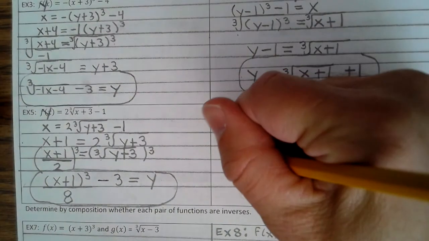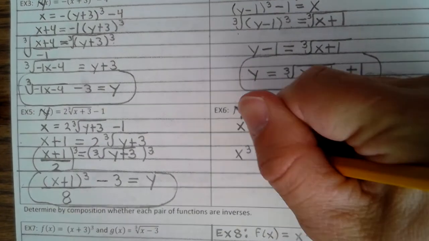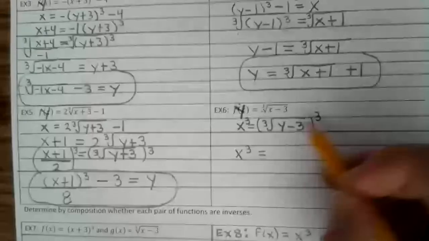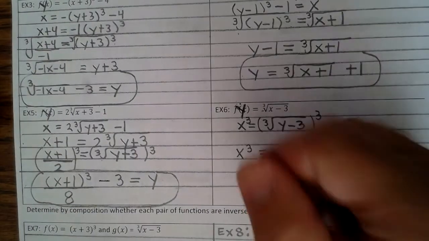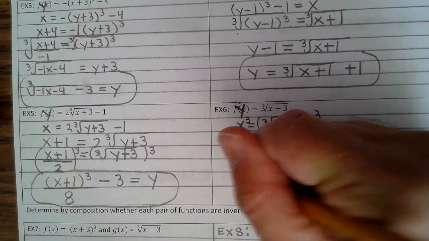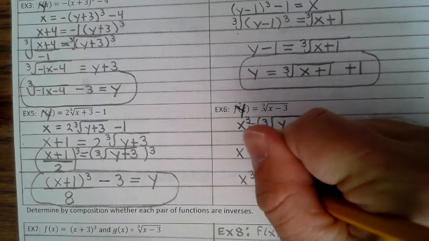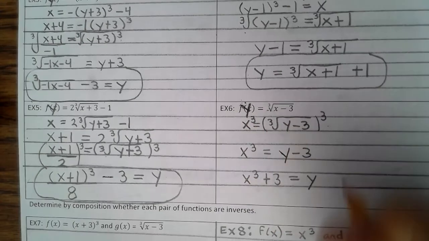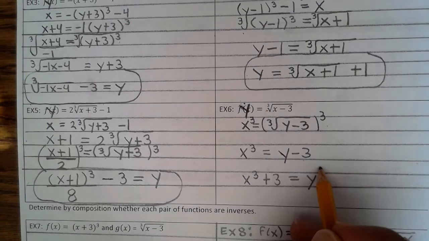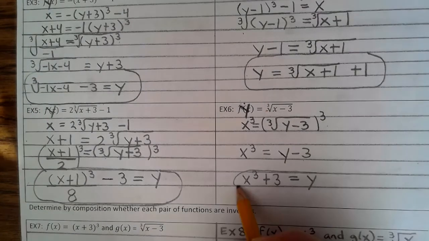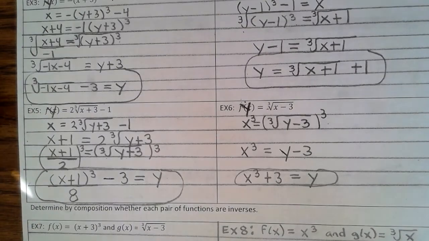So then you have x cubed equals the cube uncubed, so that's y minus 3. If we add 3 to both sides, you're left with x cubed plus 3 equals y. Okay, go and finish up example 6.